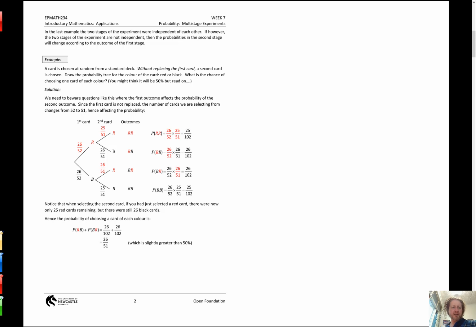Okay, here we're doing a card. Now what's the difference here? The difference here is the outcome of the first happening affects the second happening. Here the happening is us drawing a card. Because we're not replacing, it says without replacing the first card, we go up to a full pack and take a card out. Fine. Maybe I want to know what's the probability, let's make up a question.